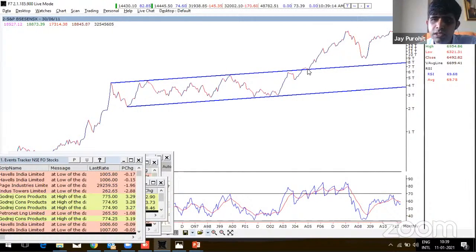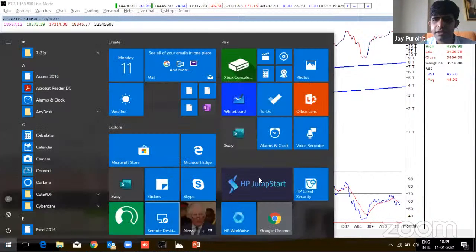After the breakout, the index rallied from the 7,000 kind of level to the 21,000 level within just 2.5 years. This is the channel which it formed from 1992 to 2004, so around 12 years were taken to form this channel, and after that it gave a breakout.